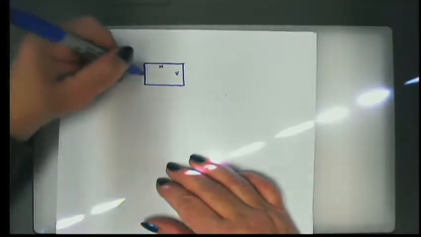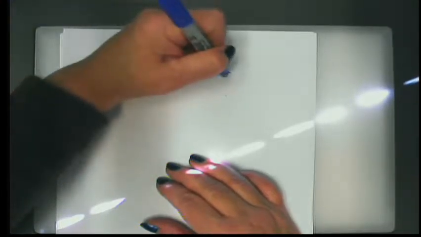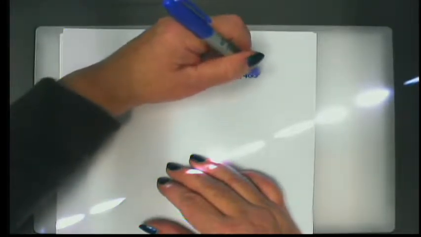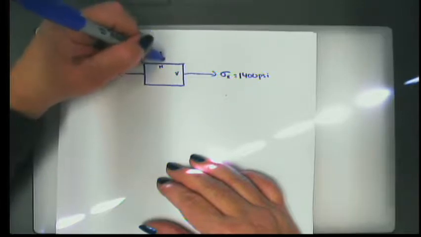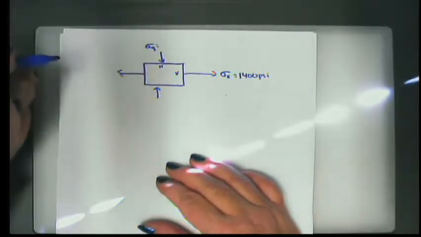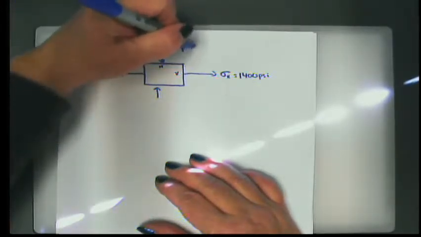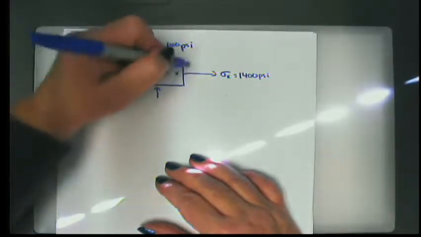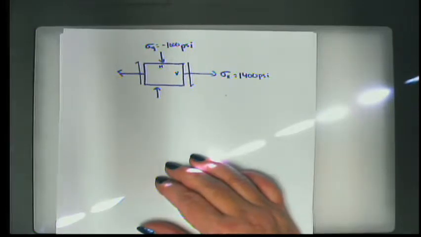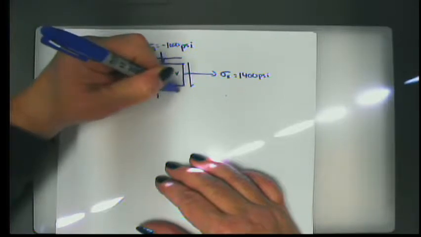All right. So on our stress block, the first thing is we have a value, sigma x here is 1400 psi, and sigma y, we see that we are in compression, so we can identify that value as being negative 1000 psi. Then we have our tau xy, which of course is a planar function, so that means that we have 4 arrows.